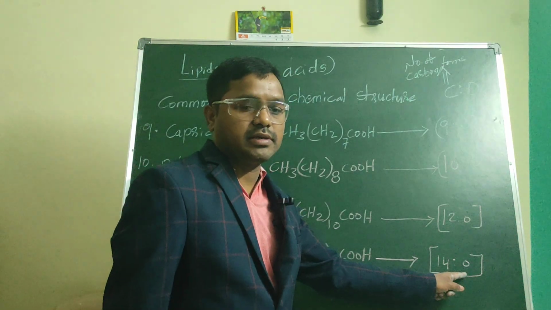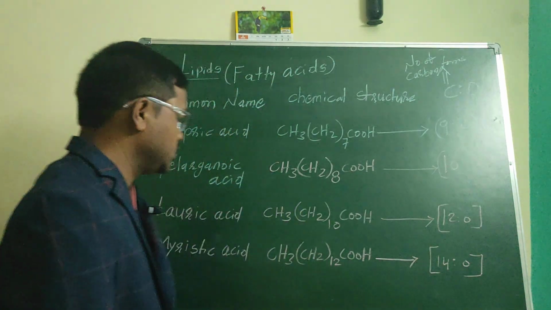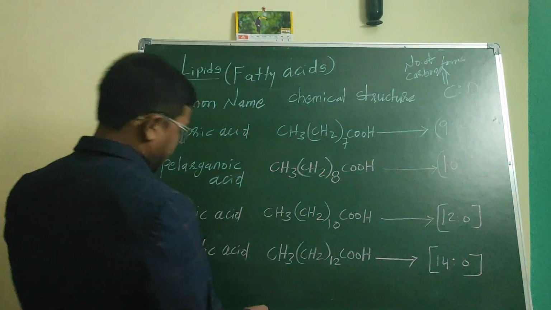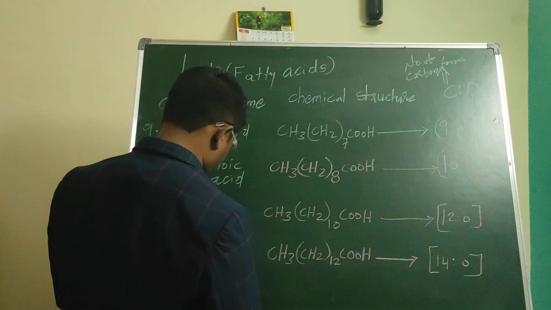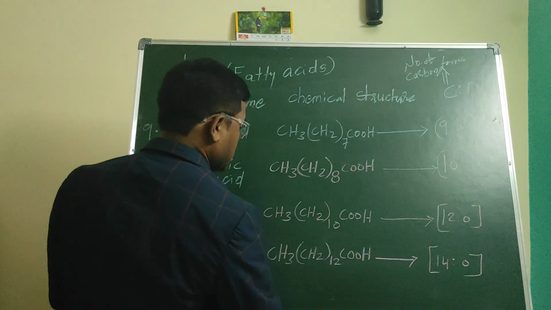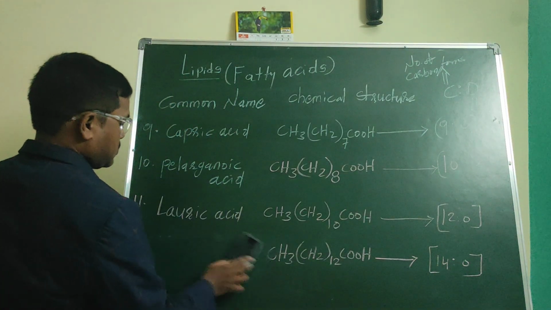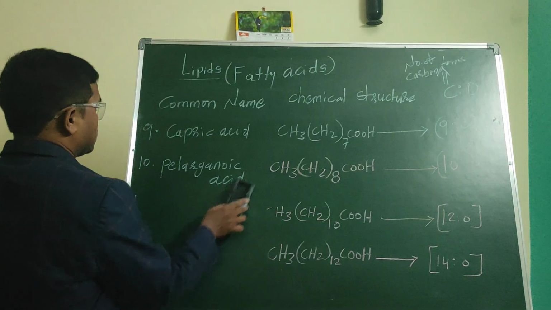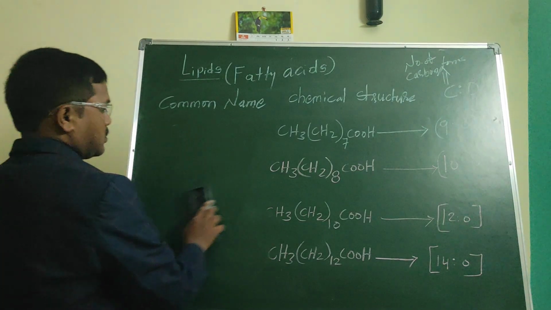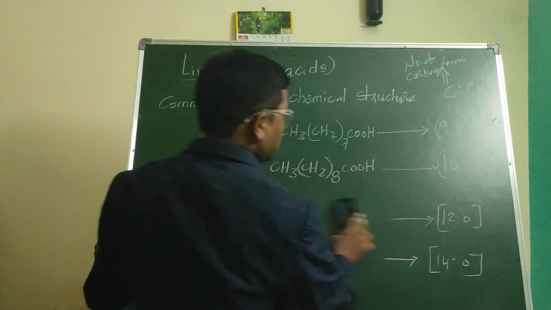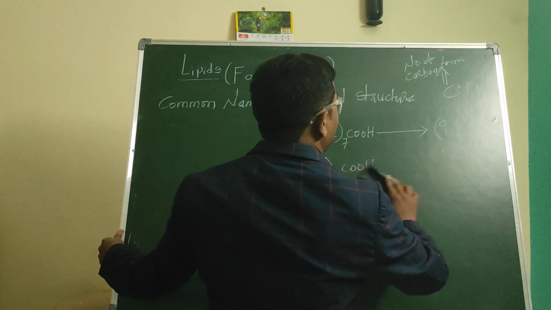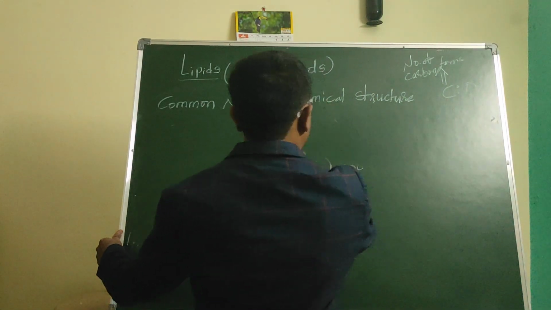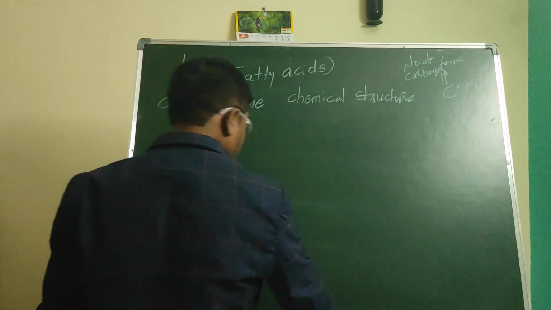Number of double bonds is 0. Next, palmitic acid. These are all important saturated fatty acids in nature.